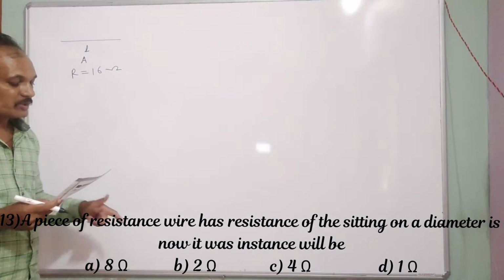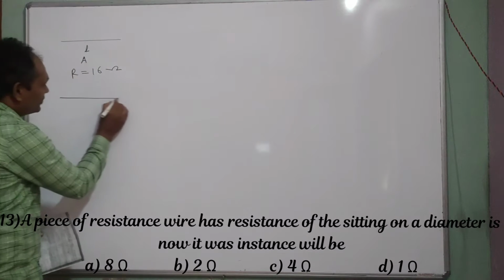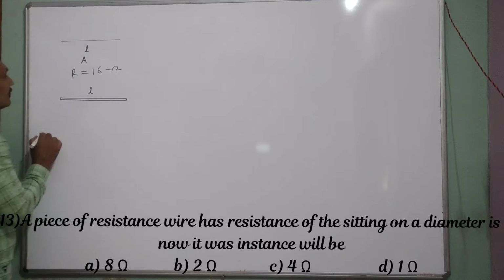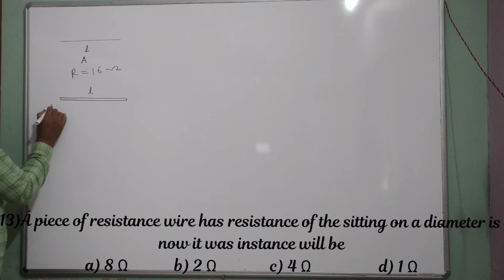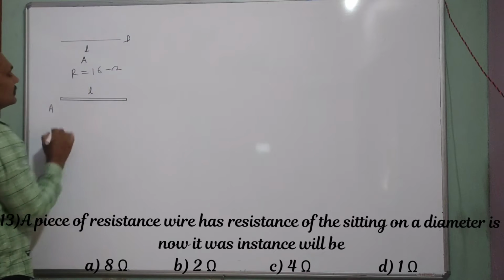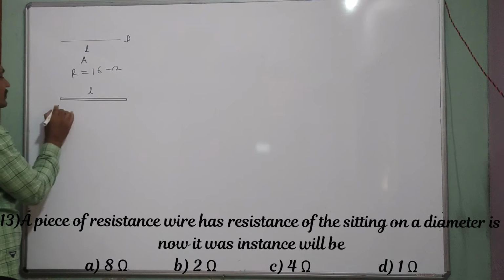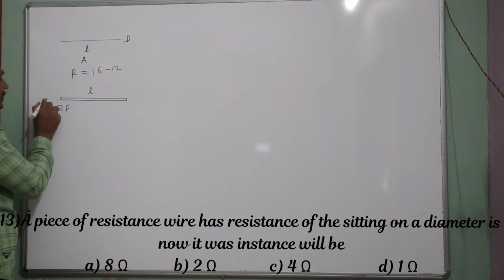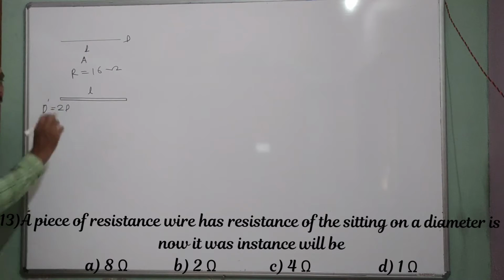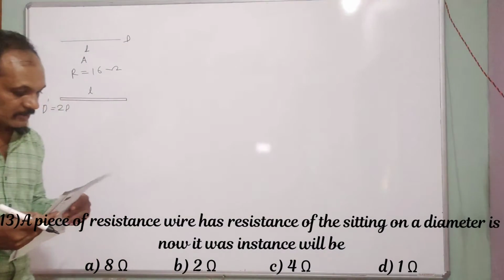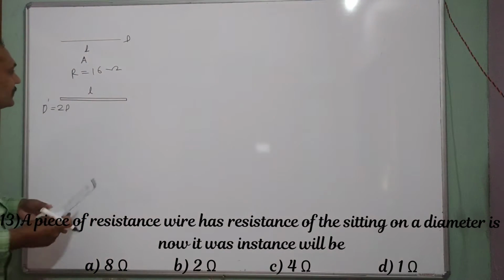Now its resistance will be? The wire length is L, and the diameter is doubled, that means this wire has diameter D and the new wire has diameter D dash equal to 2D. Find the resistance of this wire.